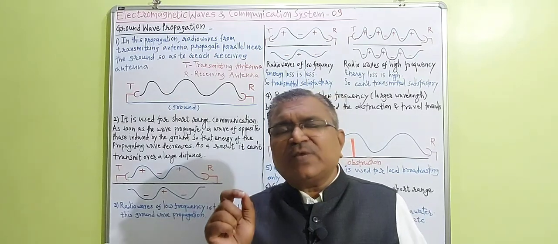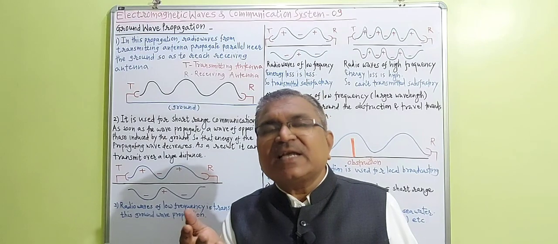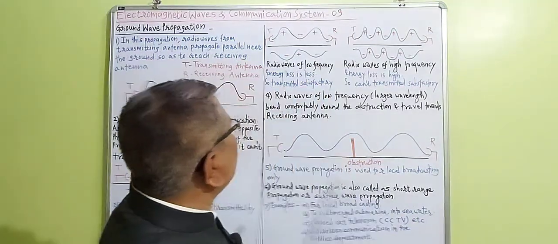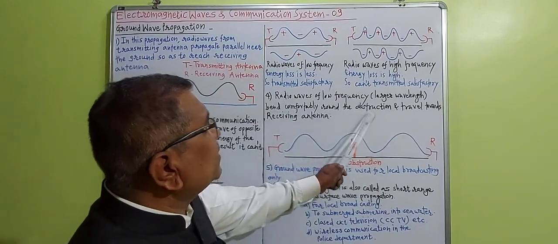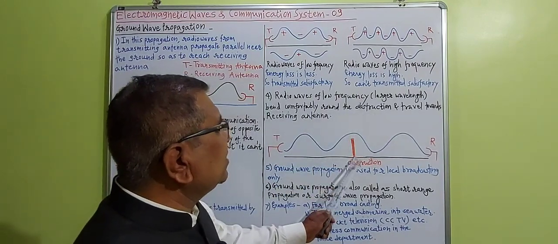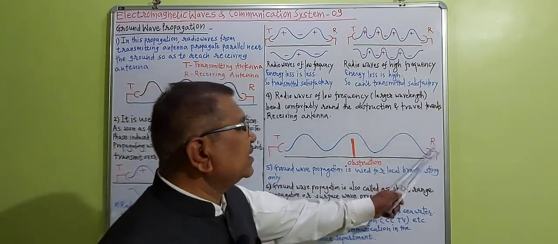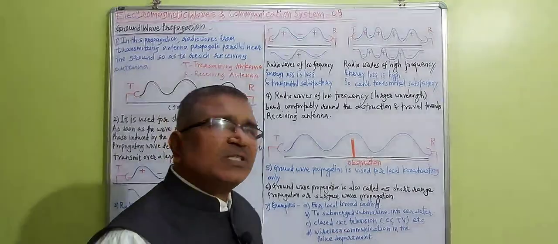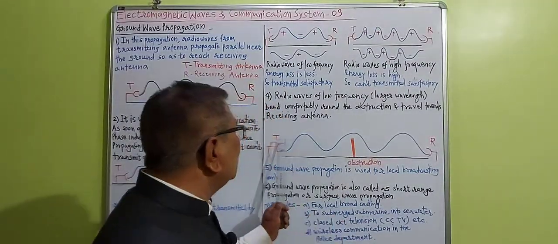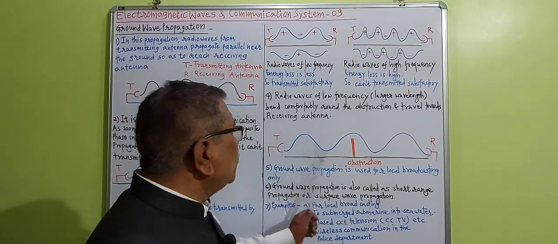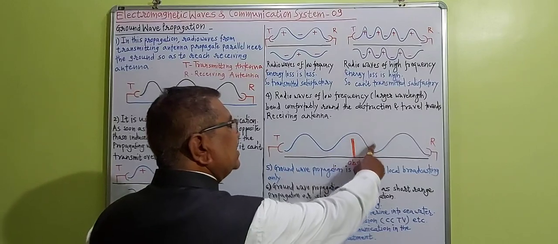Since the radio wave is of low frequency, it can easily, comfortably bend around an obstruction. Suppose an obstruction is there in the path between transmitter and receiver. This obstruction is nothing but a disturbance.